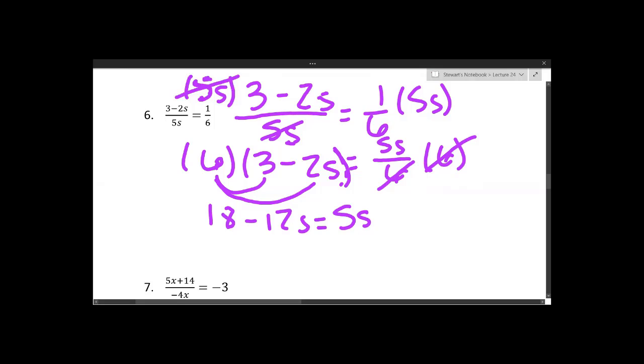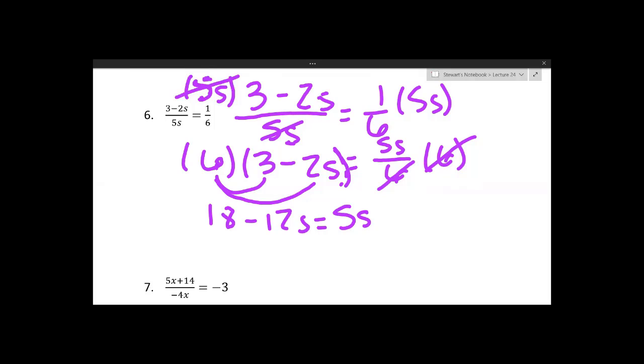Okay, and now we just need to combine like terms. The only like terms we have to combine are the terms with s. To keep things positive, I'm going to add 12s to both sides. Cancel. So then we have 18 is equal to 5s plus 12s is 17s.